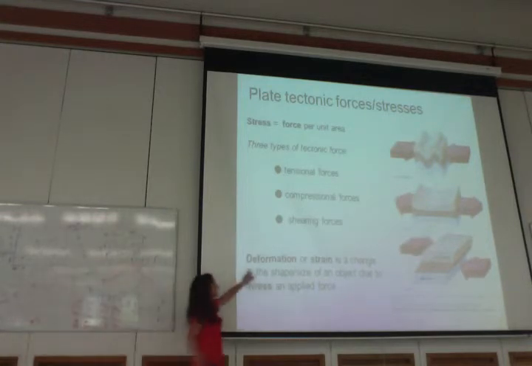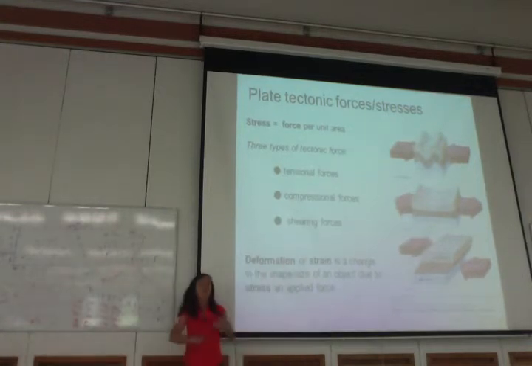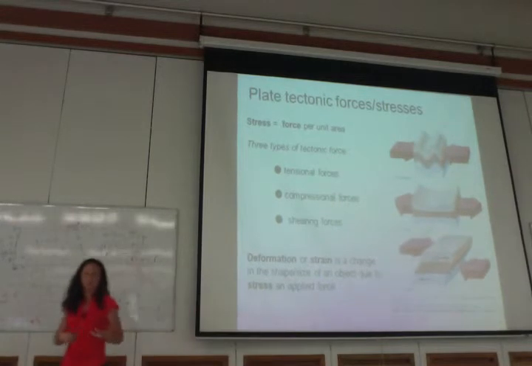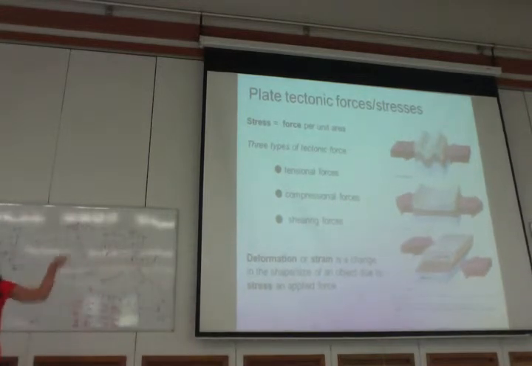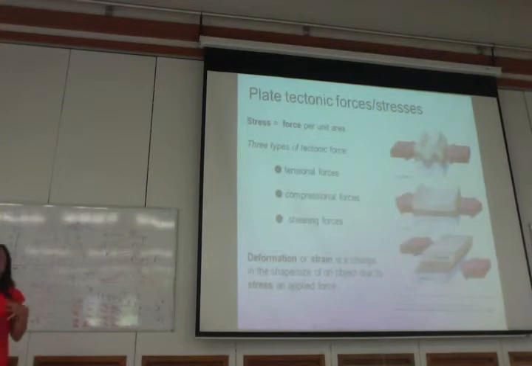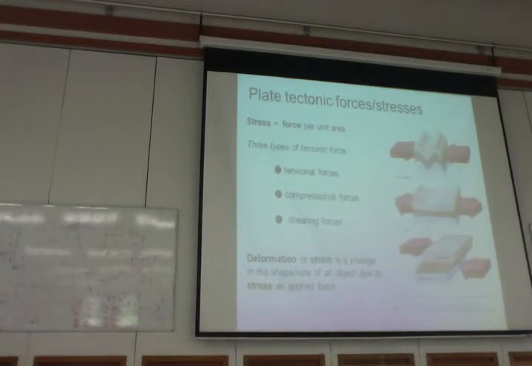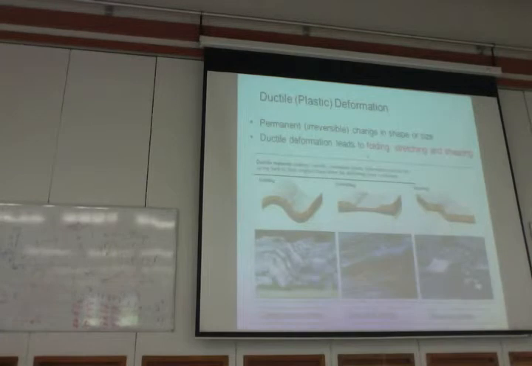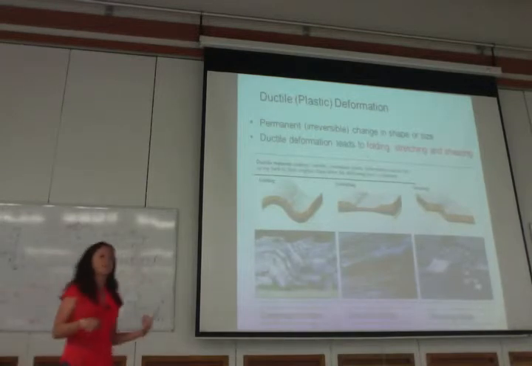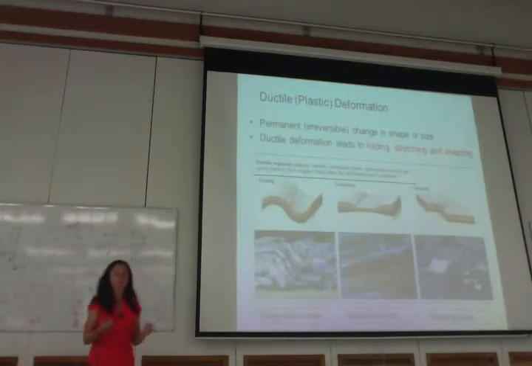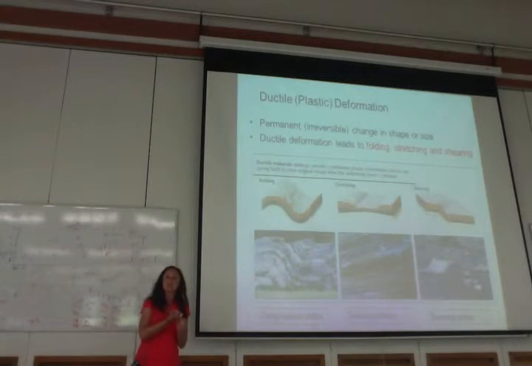And when I talk about deformation or strain, this is the response of a rock or earth material to that stress, and it usually involves a change in shape or size of that rock. So I talked about three types of deformation, so three types of strain. There's elastic strain.